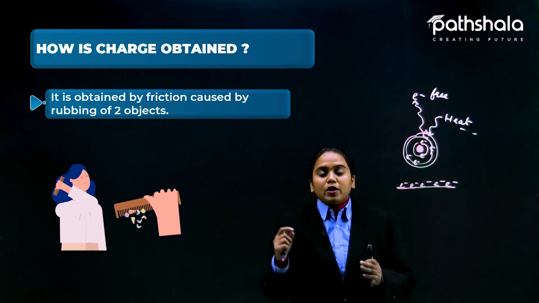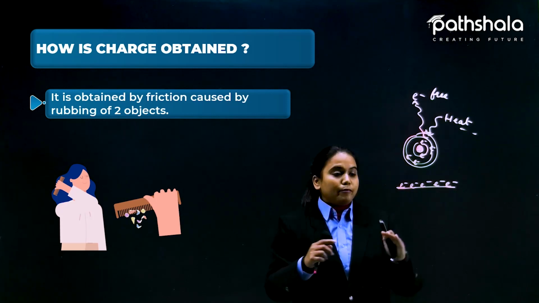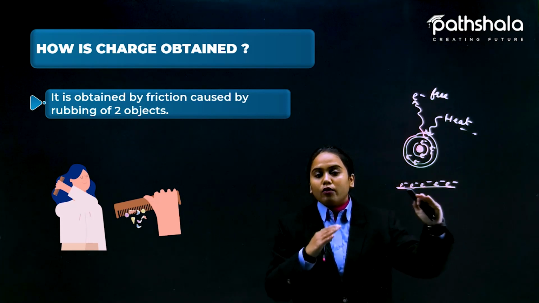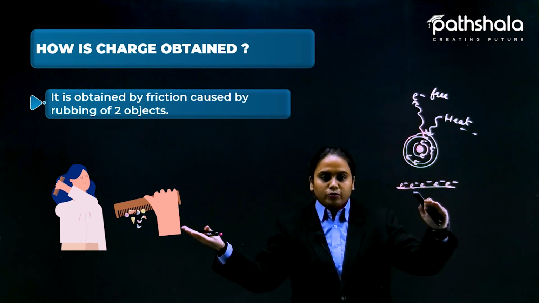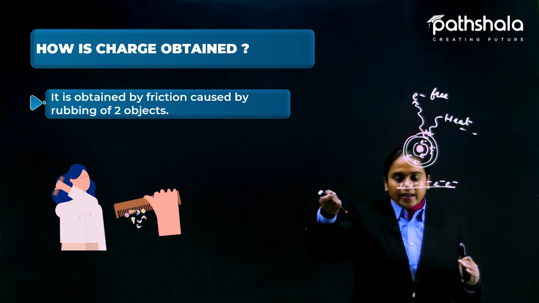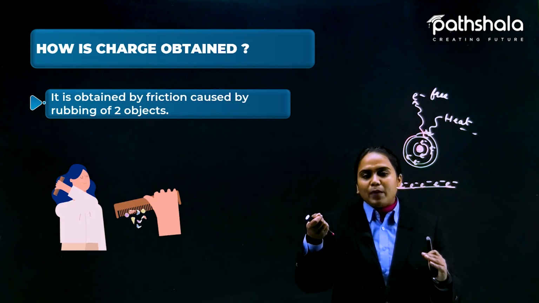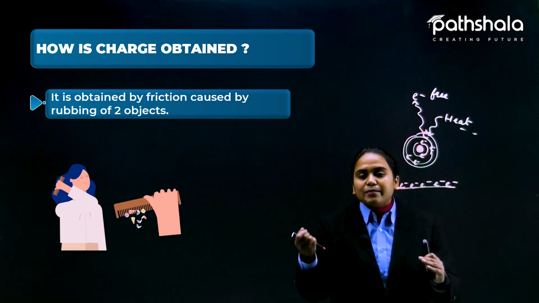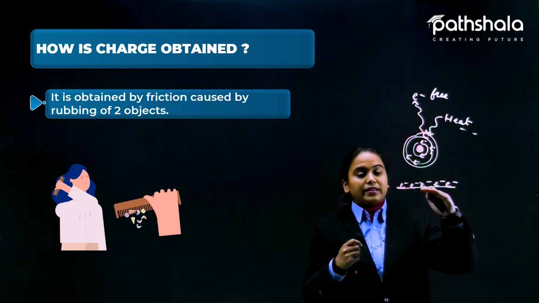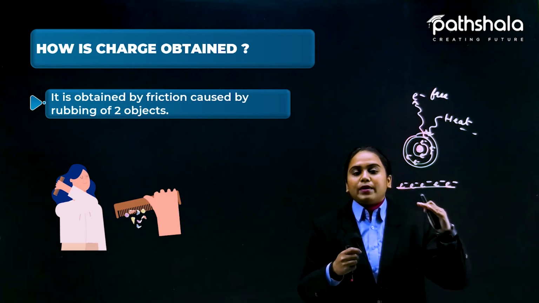Now because they get heated up and the electrons get free, the charge is present on the surface of the object, like this. And whenever we bring it near pieces of paper, it will attract the pieces of paper because of the charged particles that are present on the surface.